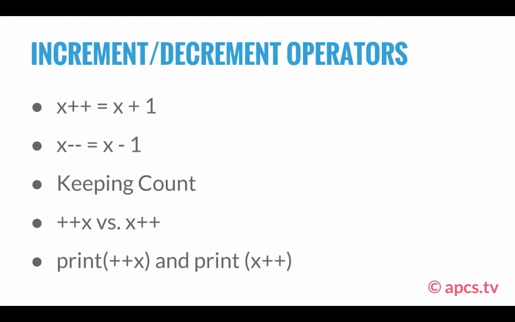This is because when the plus plus is placed before the variable, the operation of adding 1 to the variable happens before the printing operation happens. In the other case, because the plus plus is placed after the x variable, the printing happens before the plus 1 is added.